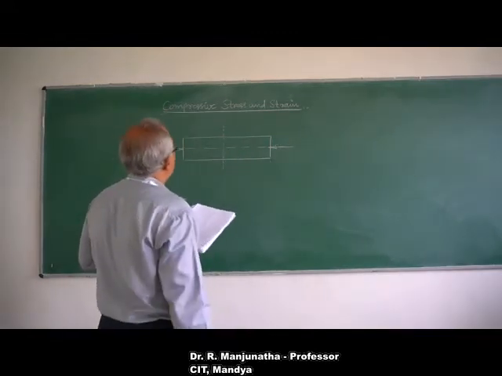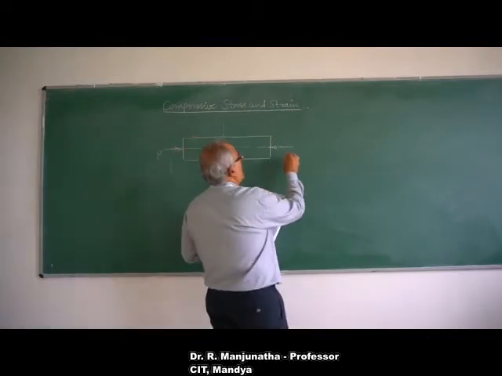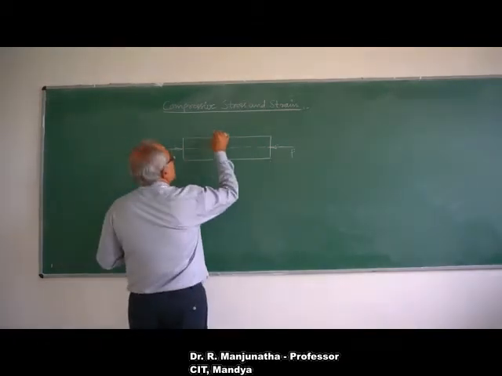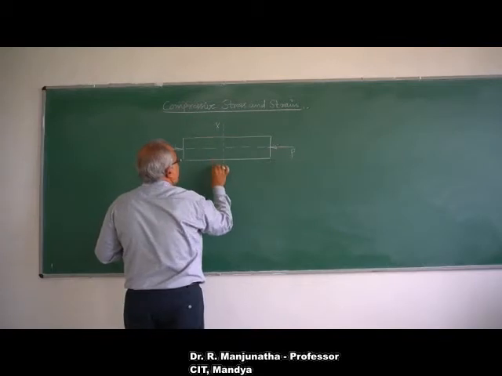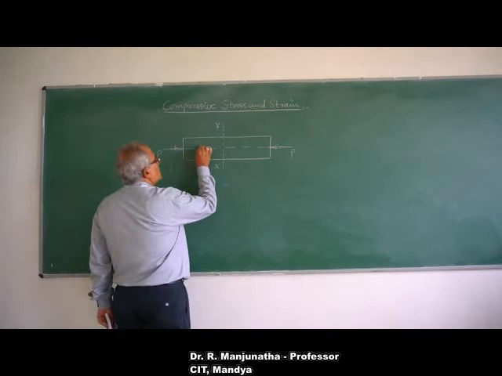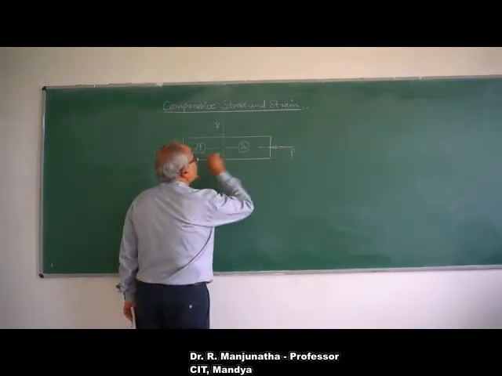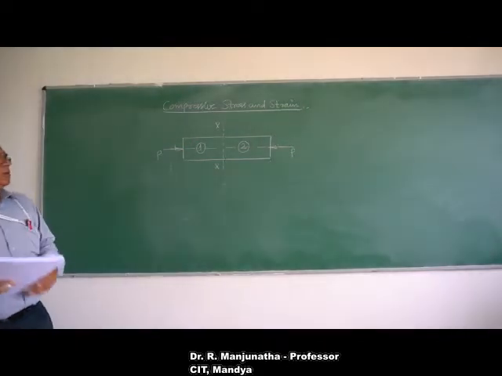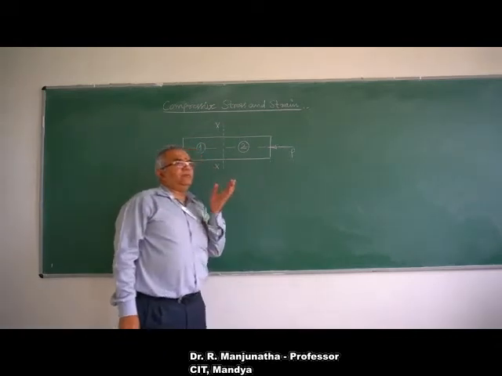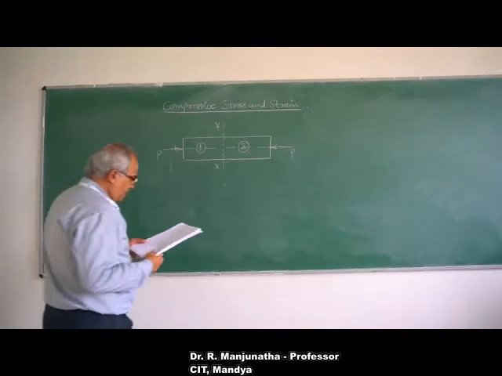So when a member is subjected to the compressive load, these two are the compressive load P, and the member is considered at a section. We have member 1 and member 2. Because of this compressive load, the body will tend to compress; it will reduce, or shorten, in length.